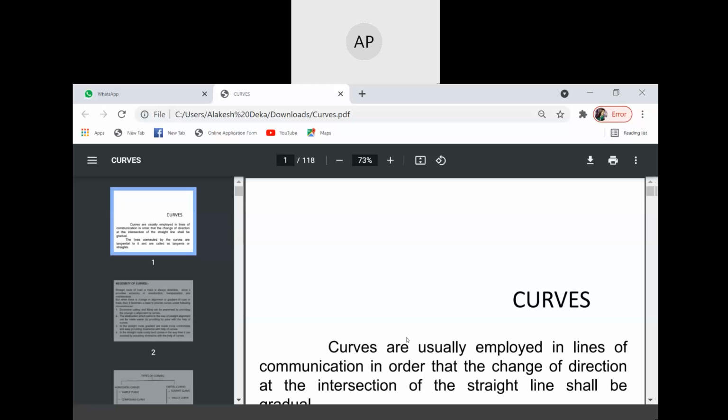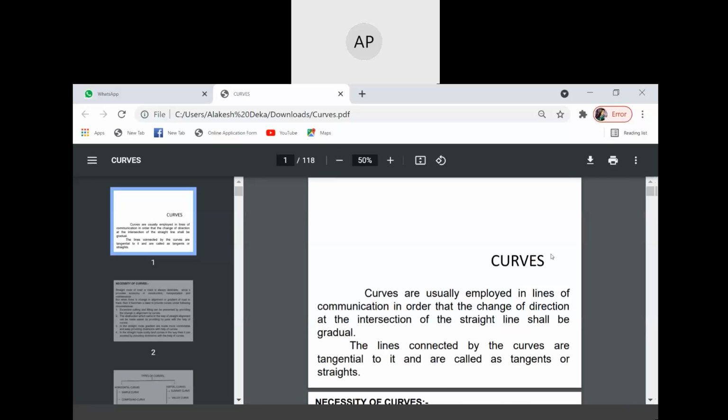So in the exam, all the questions will be MCQ type. Okay. So what are curves? Actually, curves are provided to fix the alignment along roadways and railways.